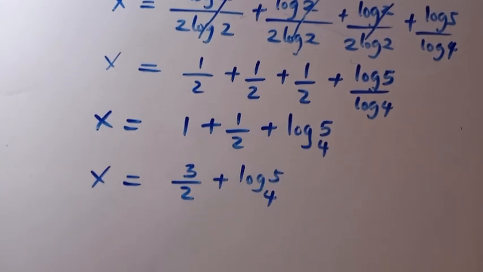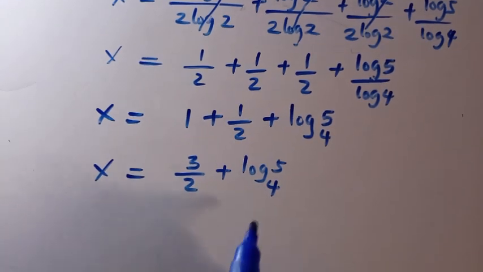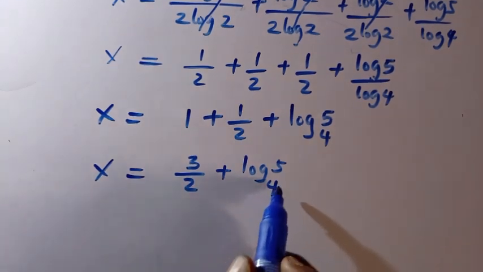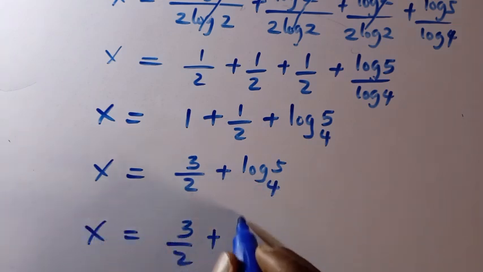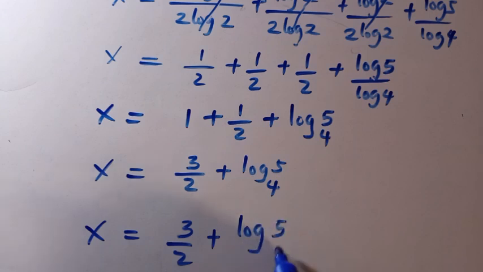And we can still round up this as, so this 4 is just like 2 power 2, which we can simply write as 3 over 2 plus log 5 base 2 raised to power 2.